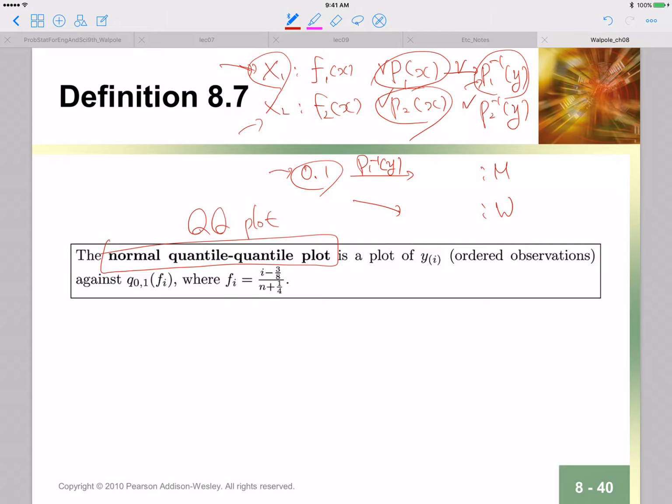Suppose this was men and this was women. Let's suppose this value was mapped to 160 centimeters.